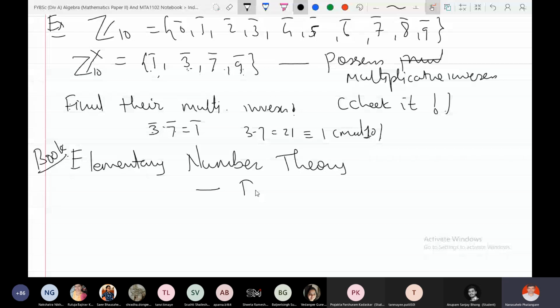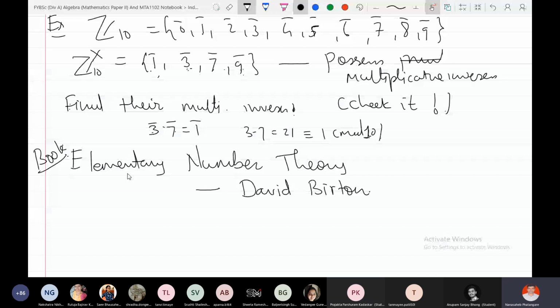There are many other books also, Niven and Zuckerman and so on, but you should read this one, because everyone should know these ideas as a science student. Or if you apply mathematics, you need these ideas, for example in coding theory or cryptography.